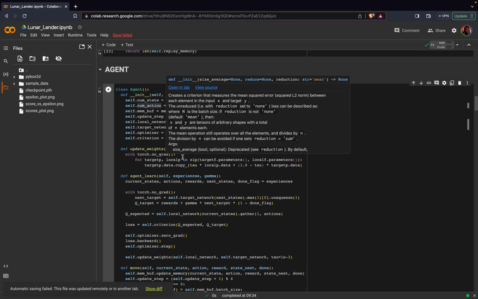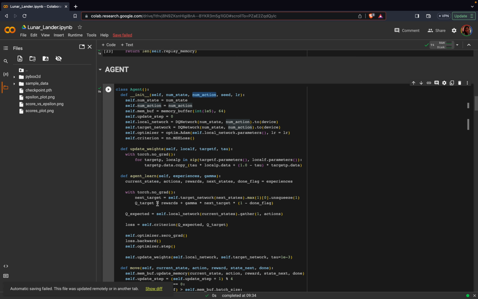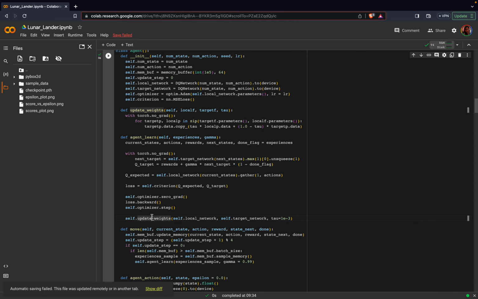So what we do is take a Q target that comes from the environment. Then we have an expected Q that comes from the local network, and we use self.criterion, that is MSE loss, and then we optimize it. We have the Adam optimizer. Once it's done, we update the weights, right?